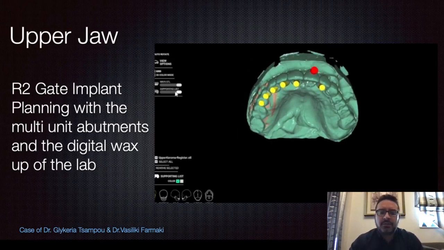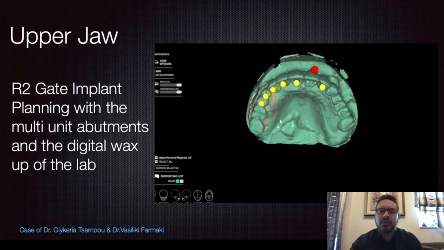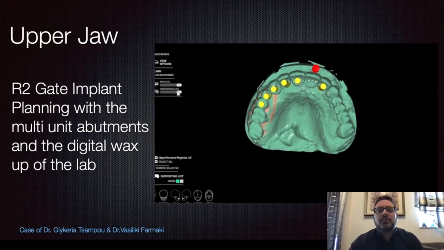And in the front teeth we used octa abutments. We prefer the octa abutments over the multi-unit, because we believe that the mechanics of supporting something on a one-piece abutment is getting better results, and we don't give a lot of different components to our dentists.